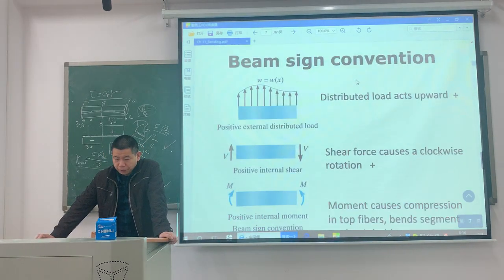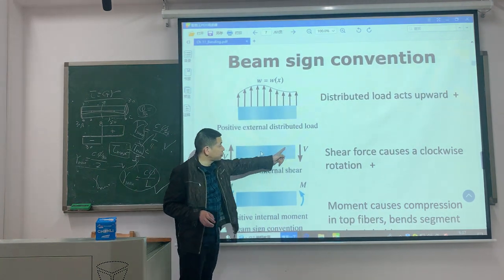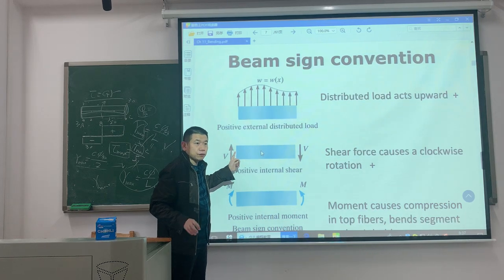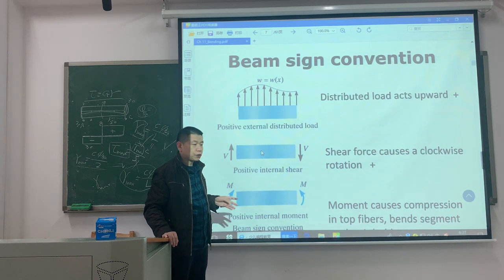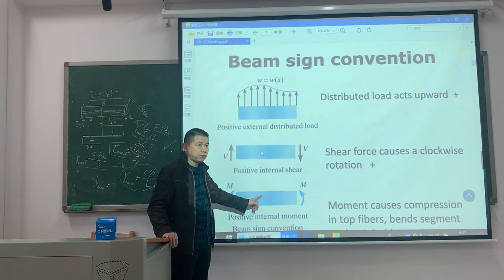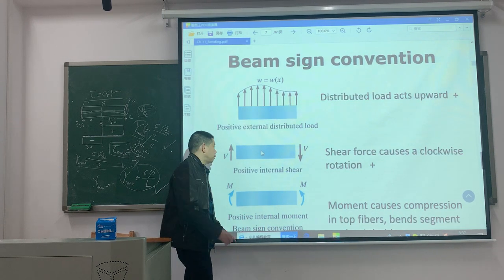And first, we have to know the beam sign convention. In this figure, it shows the positive direction for shear force and the positive direction for bending moment.